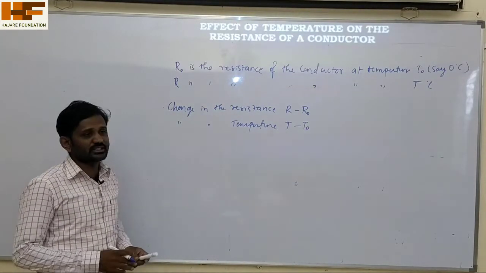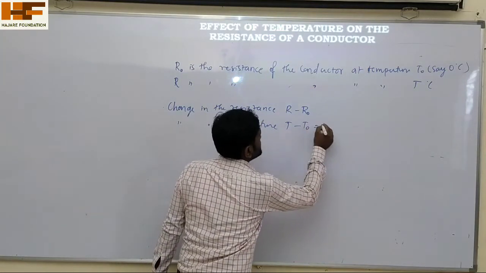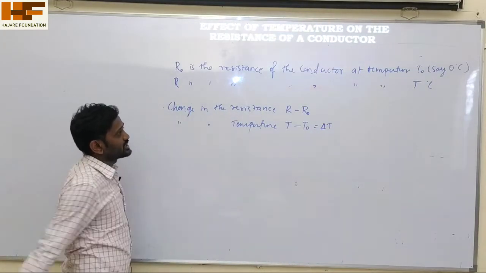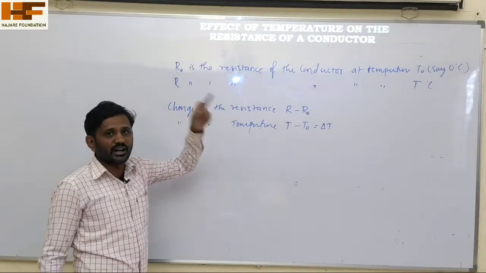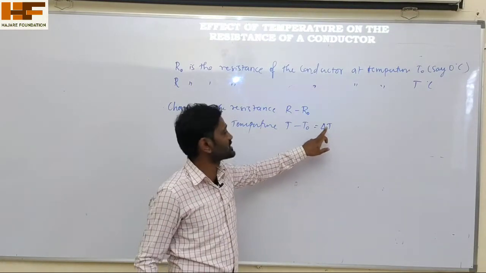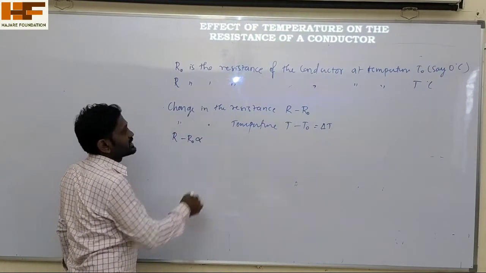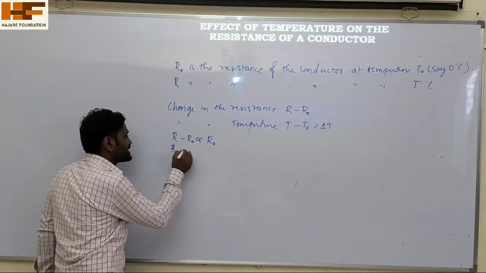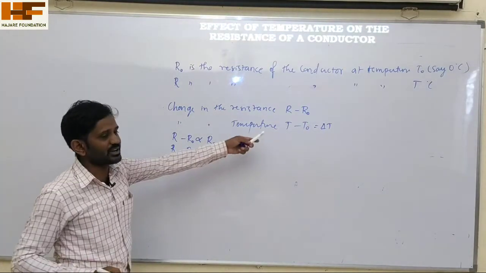That change in the resistance depends on two factors. One is the initial resistance, R naught, and the other is the change in the temperature, or rise in the temperature, that is delta T. That is why R minus R naught is directly proportional to the initial resistance R naught, and R minus R naught is directly proportional to delta T, where delta T means T minus T naught.